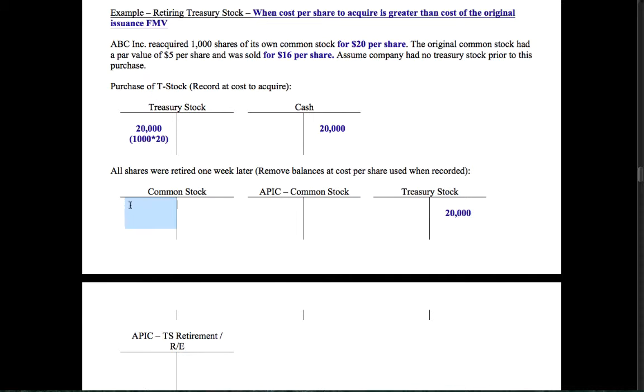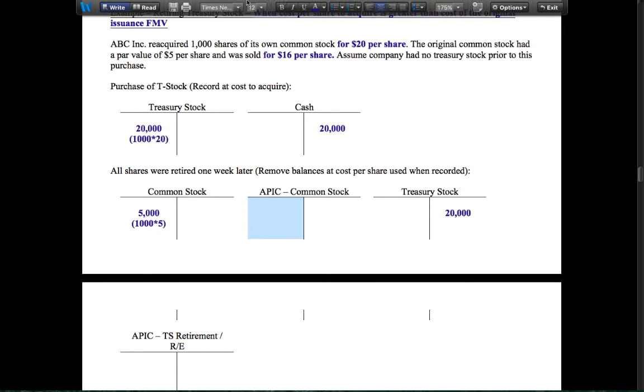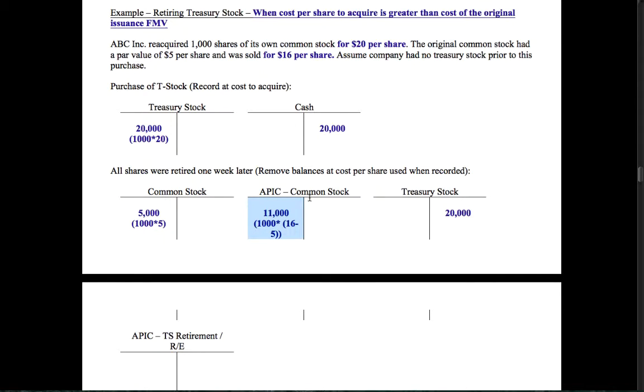So we know that the par value on these shares was $5. Therefore, we were reducing common stock by $5,000, which is the 1,000 shares times the $5. We also need to reduce the additional paid in capital associated with those shares. And the reason that there was an additional paid in capital when we originally sold them was because we sold them for 16 and the par was only 5.